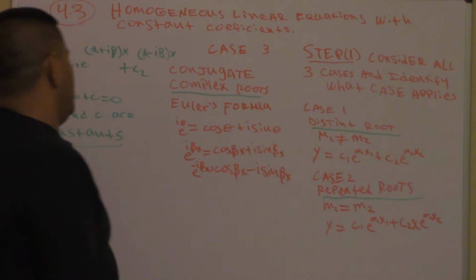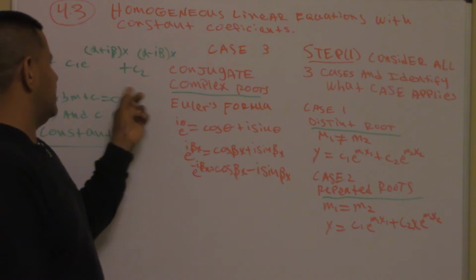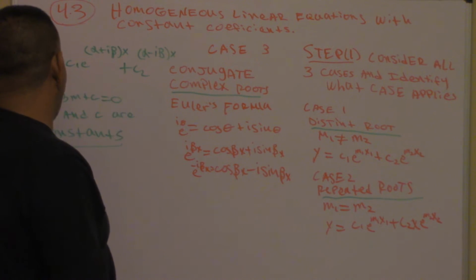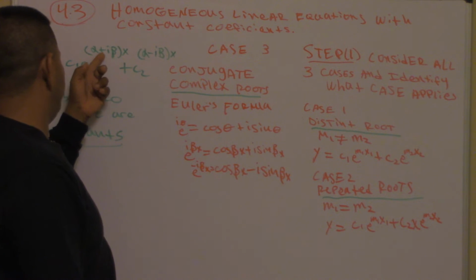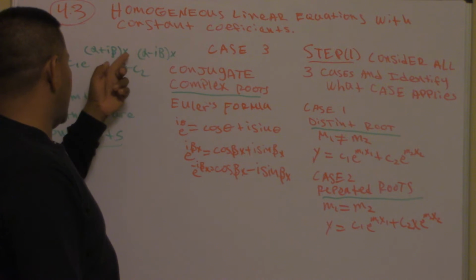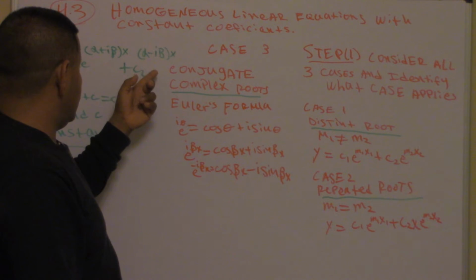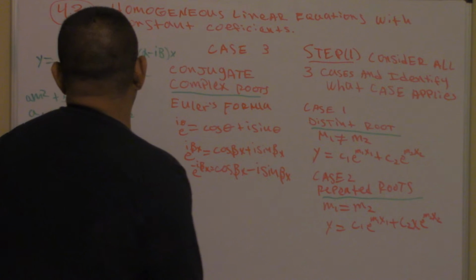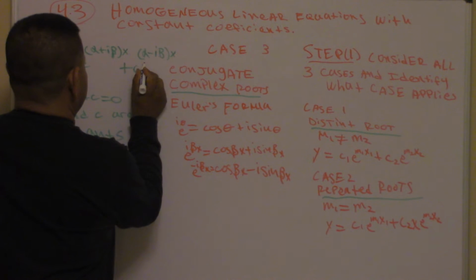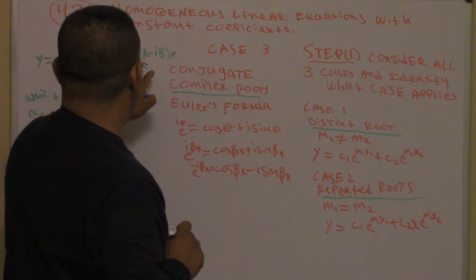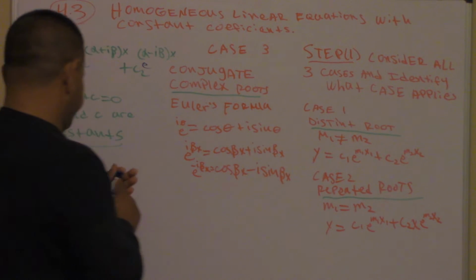The reason why we use this formula is because we don't want to deal with this one: y equals C1 e to the (alpha plus i beta) x plus C2 e to the (alpha minus i beta) x.